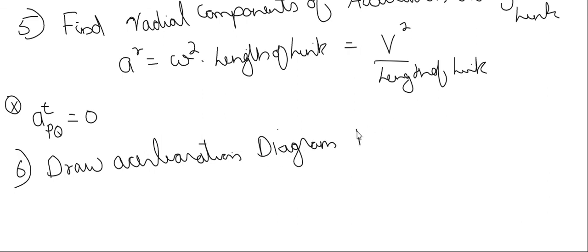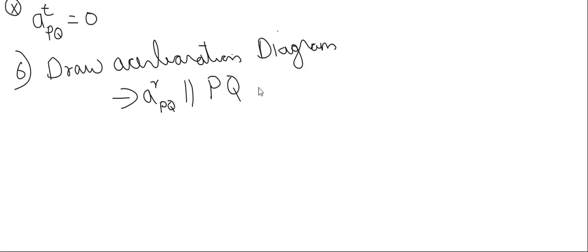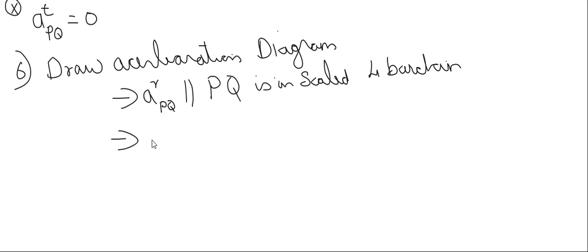From the knowledge that three things you should know: A radial PQ will be parallel to the link PQ in the scaled 4-bar chain, and AR RS will be parallel to RS in the scaled 4-bar chain.